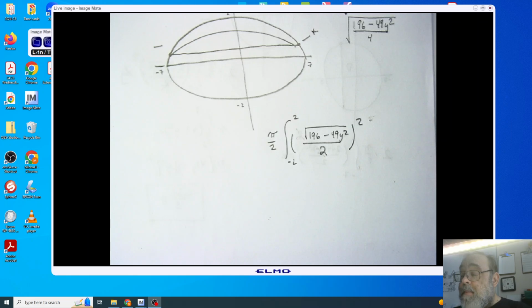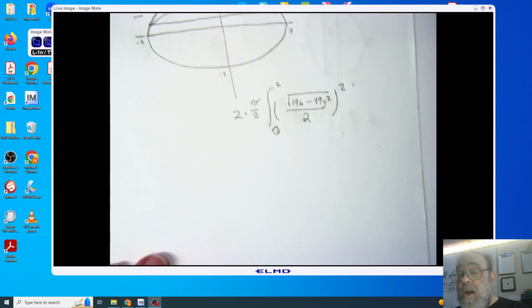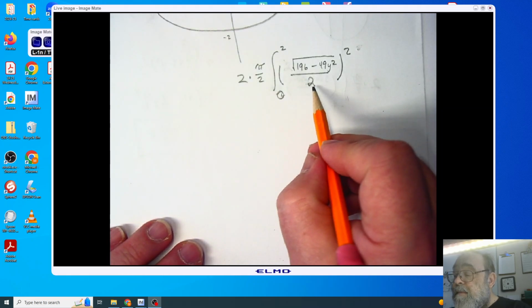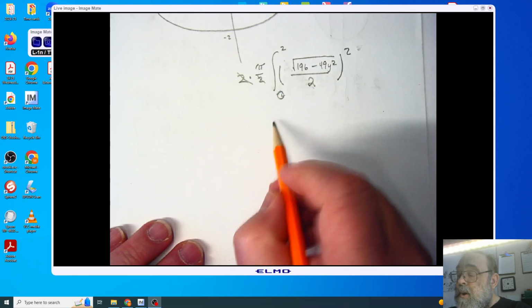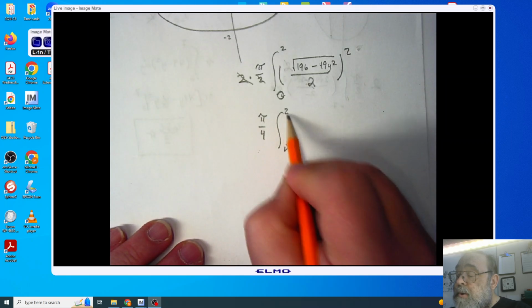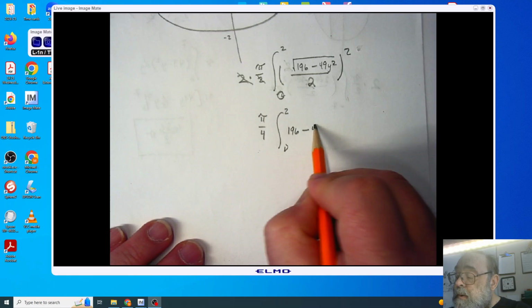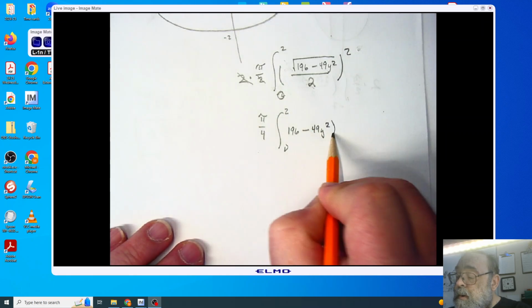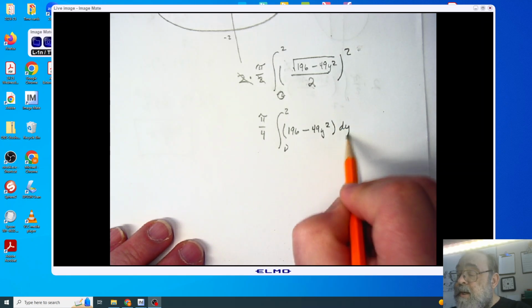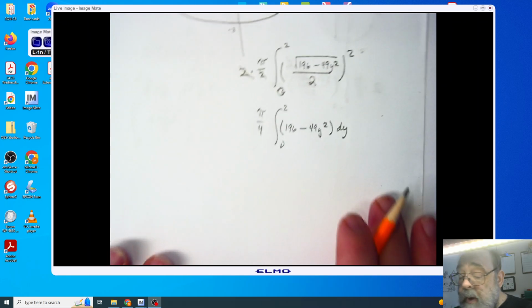Yikes. I'm going to be using my even power rule so I can start from 0 and go to 2. And I want to factor out that 2 so that I have pi over 4 integrated 0 to 2. The square gets rid of the square root. And it's a dy. I'm now going to go ahead and I'm going to integrate.